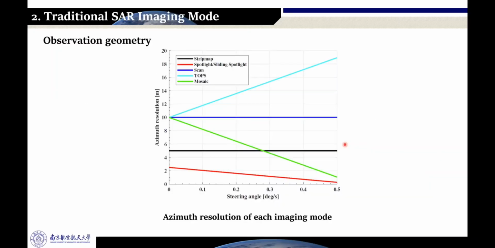The relationship between the resolution of each mode and the steering angle rate is shown in the figure. It is seen that with the steering angle rate increasing, sliding spotlight has the highest resolution, followed by mosaic, strip map, and scan, with TOPS performing the worst.